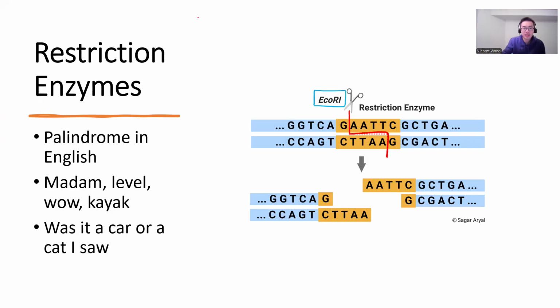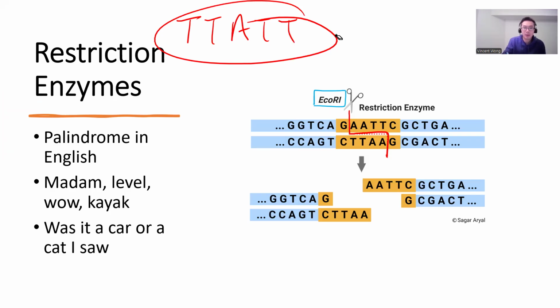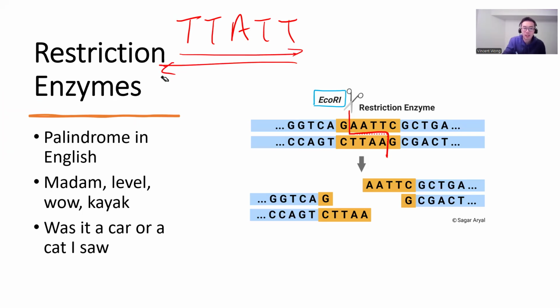You understand the difference? For example, like this, TTATT. This is not a palindrome for the restriction enzymes, even though it reads the same forward and backwards, but that's not what I'm talking about. I'm talking about forward the same and backwards the same on the opposite strand. So what would the opposite strand be? If something is TTATT, the opposite strand would be, someone help me out here.